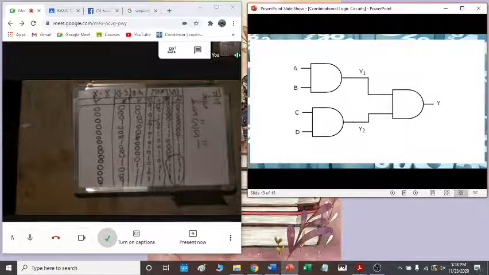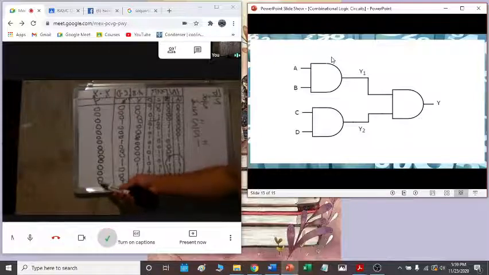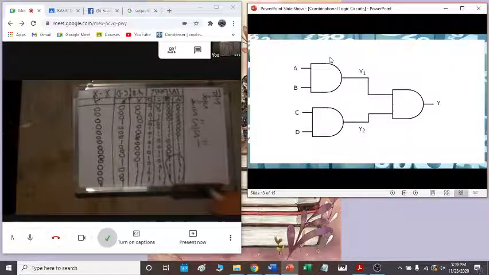So in our combinational logic circuit, there is only one possible output of 1, for the on state. So that is how you do a combinational logic circuit.